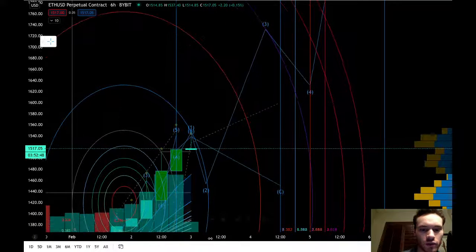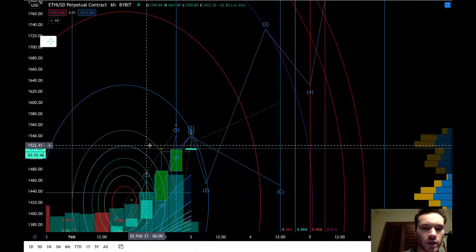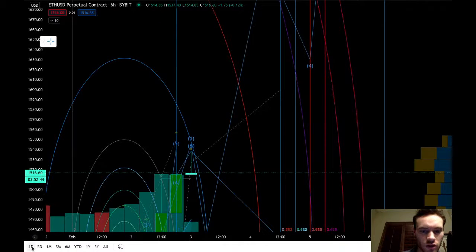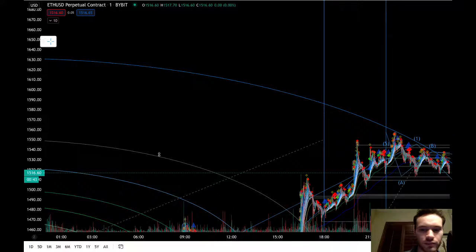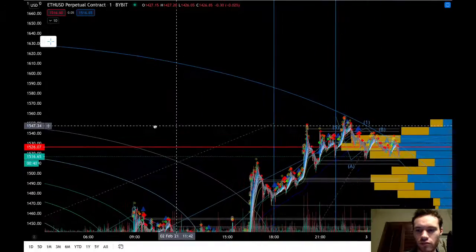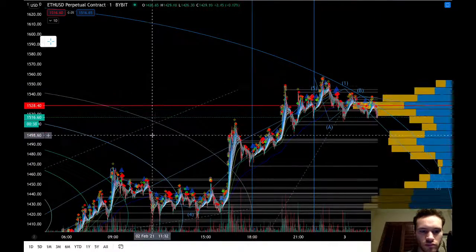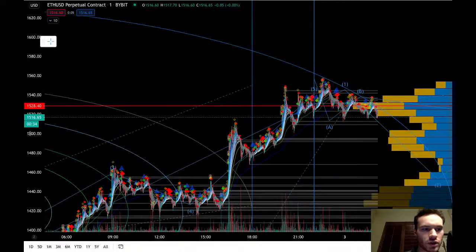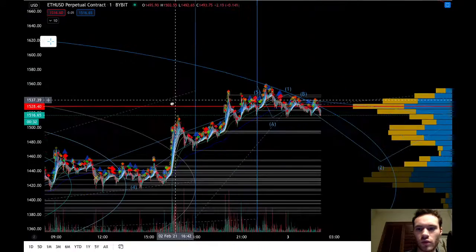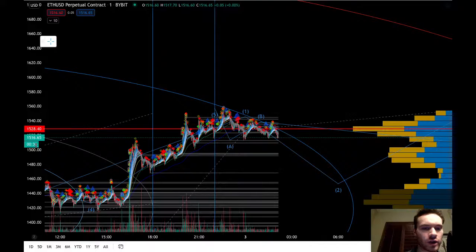And it looks like we touched it. It's not letting me zoom in anymore. It's kind of hard to see. Yeah, it looks like we hit this nearly perfectly.